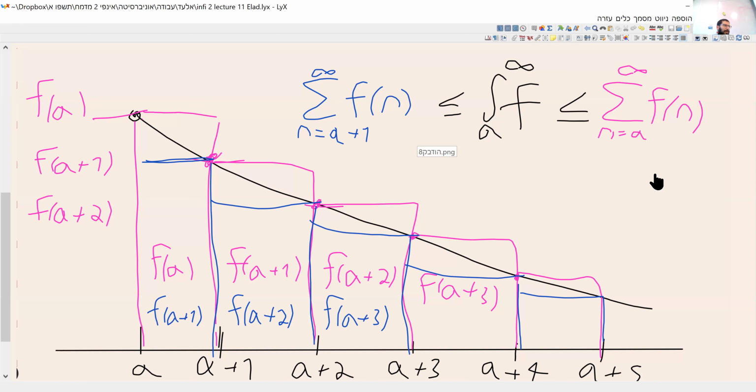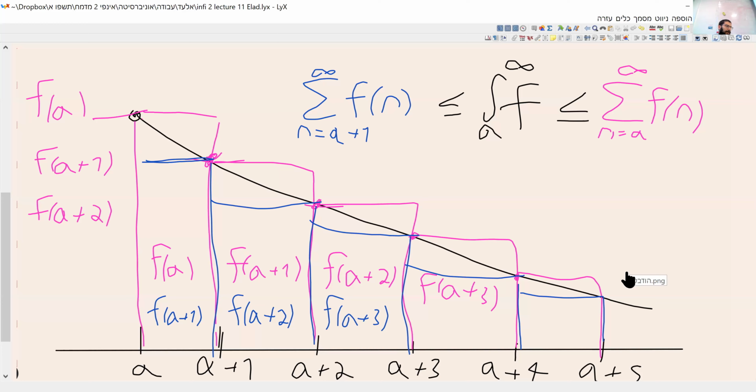Formally speaking, we do not have a sandwich rule between the integral and the series. Formally speaking, if we assume that the series converges to some number a, then the integral is the limit of the integral from a to b. And we know that when f is positive, the integral itself is an increasing function.